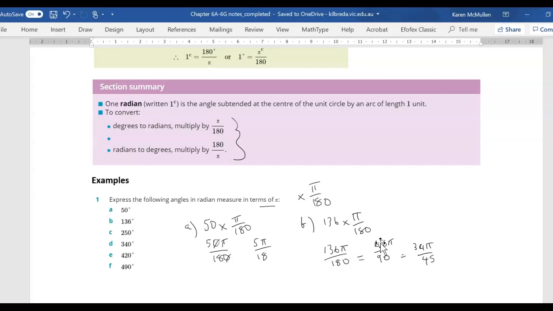But if it doesn't, just put it as a fraction or whatever the exact value is. If you find yourself rounding a decimal, that is not the exact value. So if you want an exact value, you either have terminating decimals like 0.5, or you have a fraction like a half, or you might have your answer in terms of pi like this.